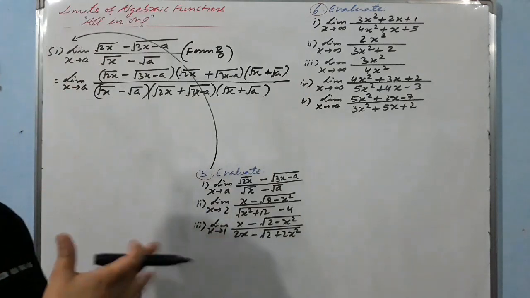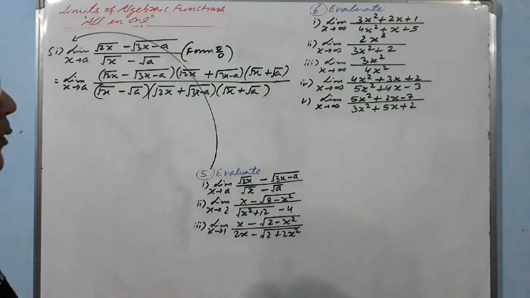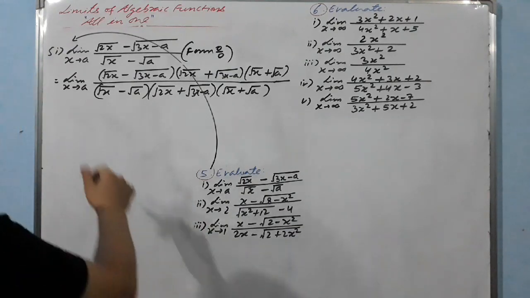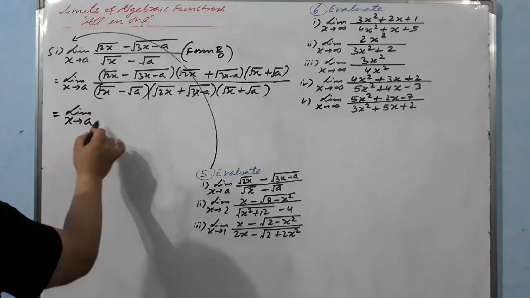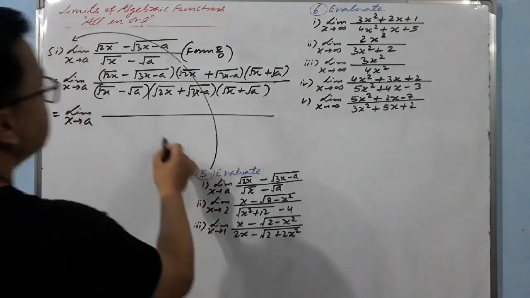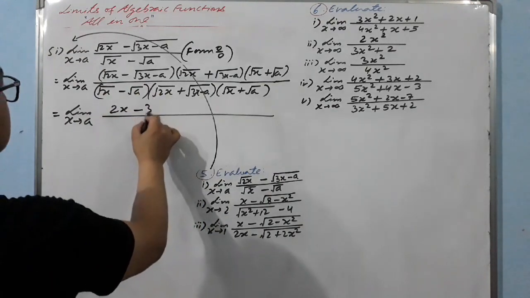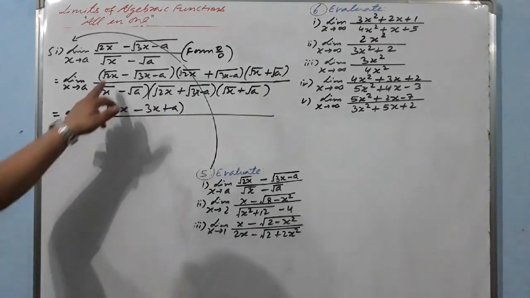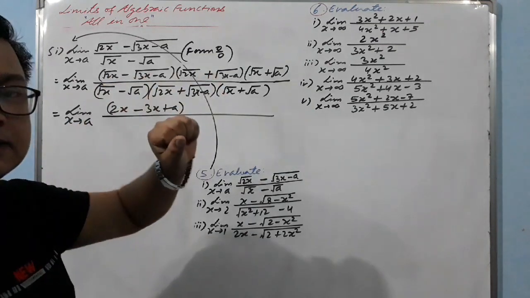Only this thing you have to do here. If you know this one, then the question is easy. Let's see the next step. Limit as x tends to a, you're going to get here 2x minus 3x plus a. Here I have used the a square minus b square formula, a minus b, a plus b.